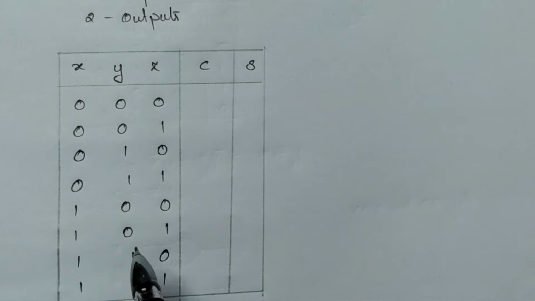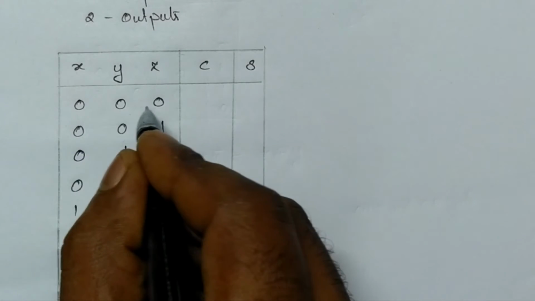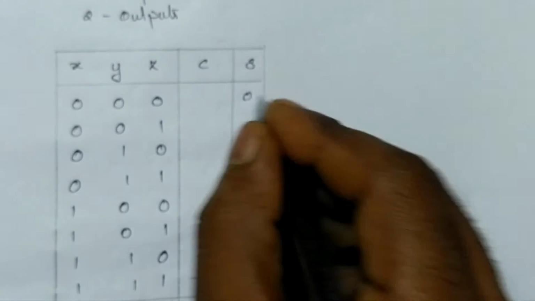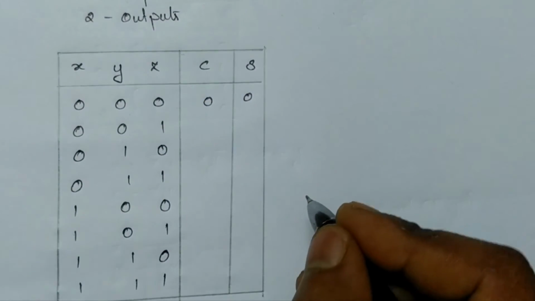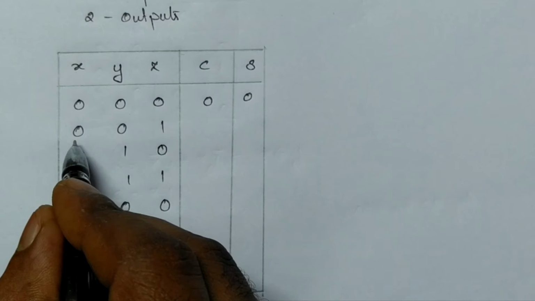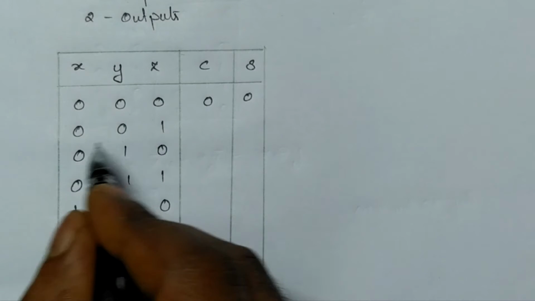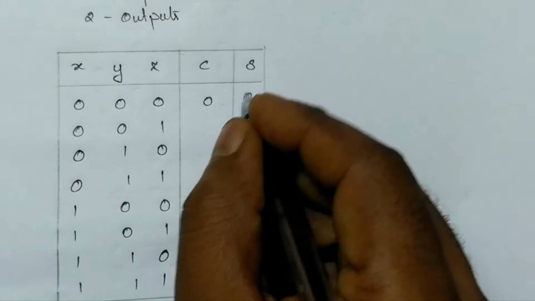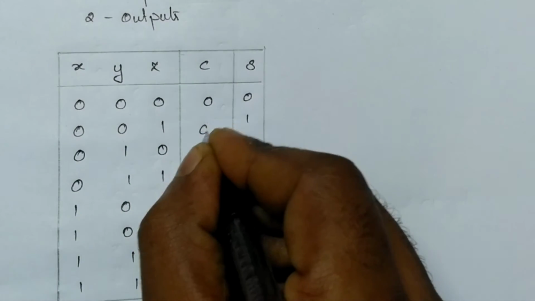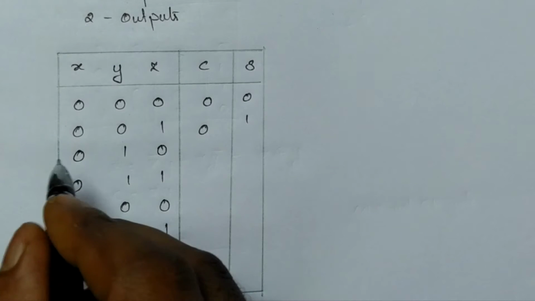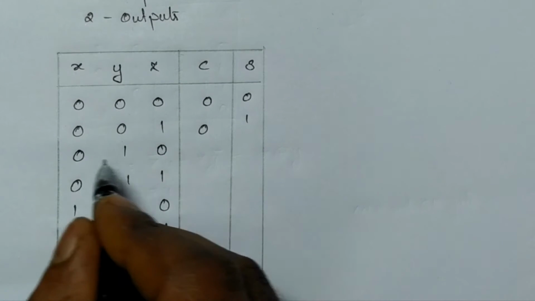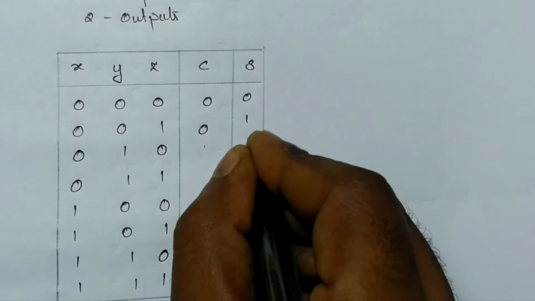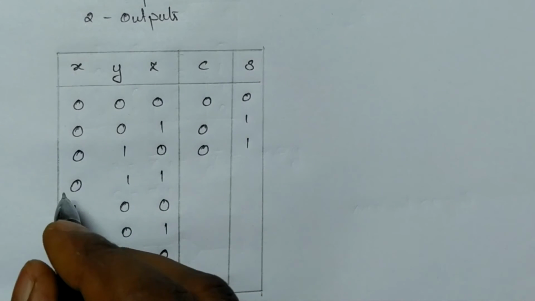If we add 3 inputs for 0 0 0, we will have the sum equal to 0 and carry also 0. Likewise, for the second input combination 0 0 1, 0 plus 0 is 0, 0 plus 1 is 1, sum is 1, carry is equal to 0. Likewise 0 1 0, 0 plus 1 is 1, 1 plus 0, sum is 1, carry is equal to 0.